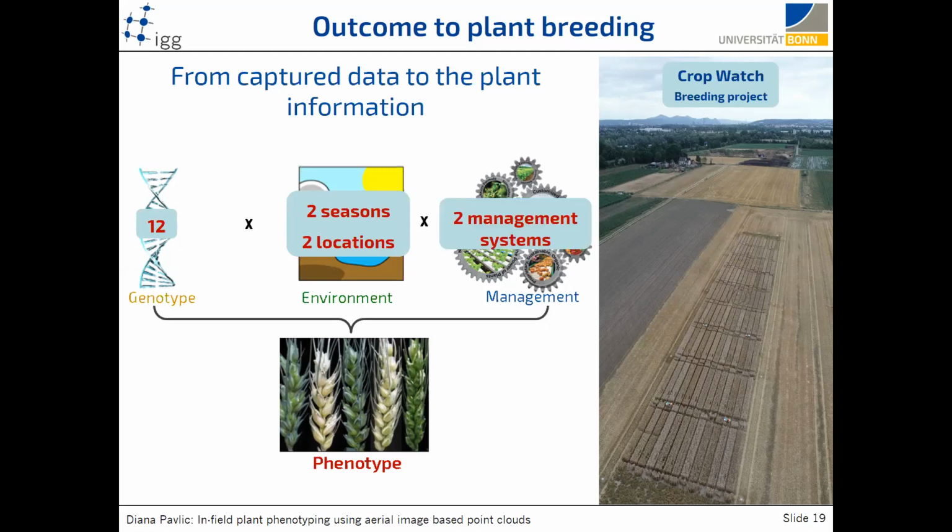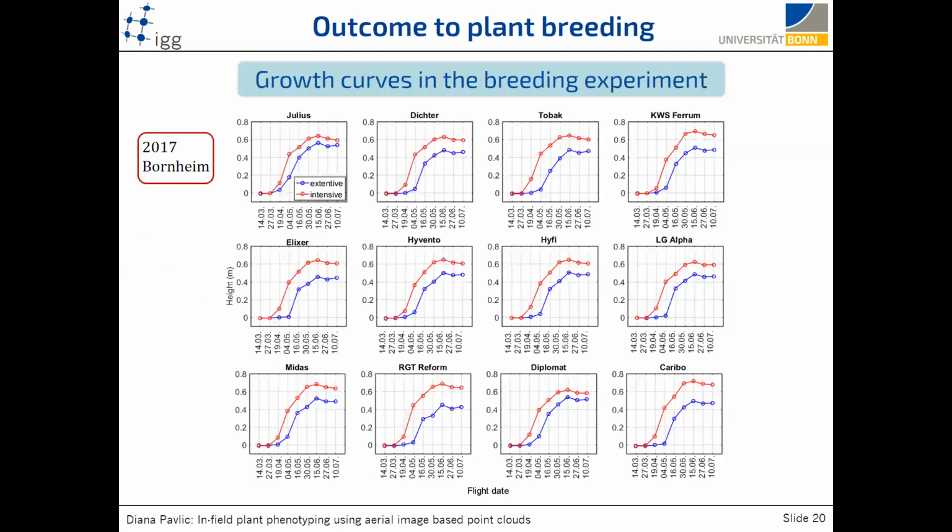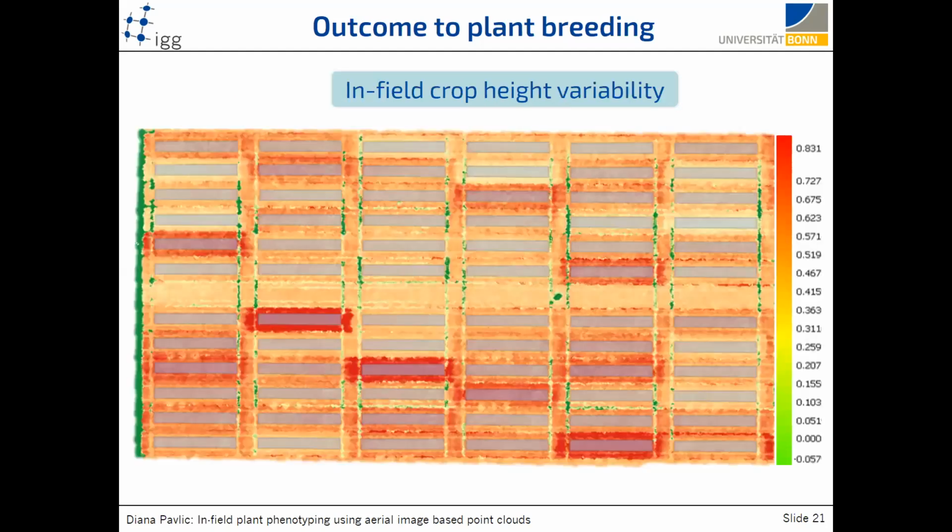What we did was capture the phenotyping information, which is crop height, which can help them to make some conclusions regarding specific genotypes or specific locations and management systems. We can provide growth curves in the breeding experiments for different genotypes and different management systems, and they can monitor the development of the crop during the season.